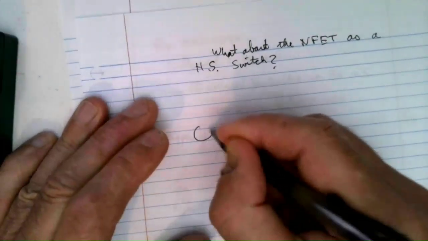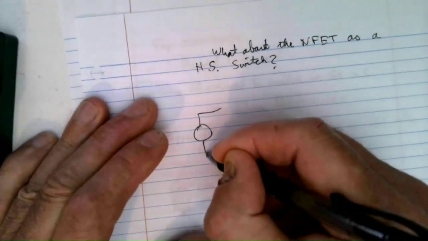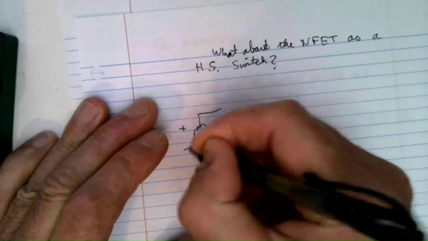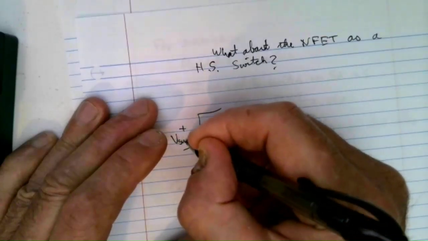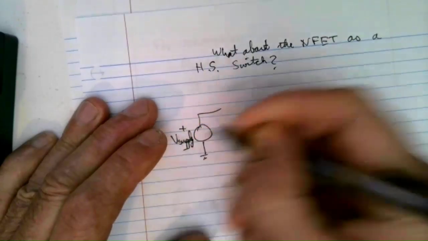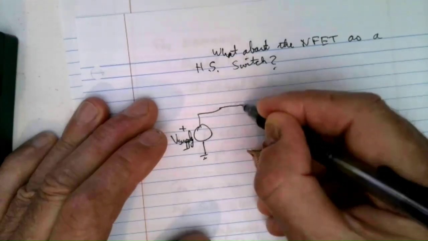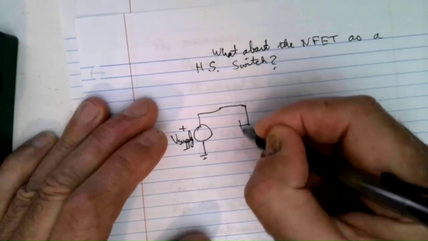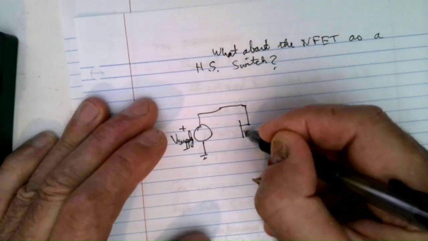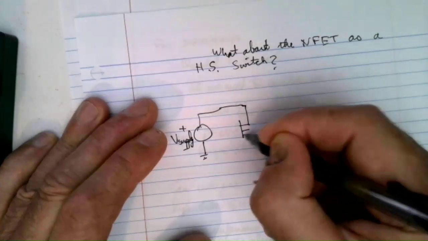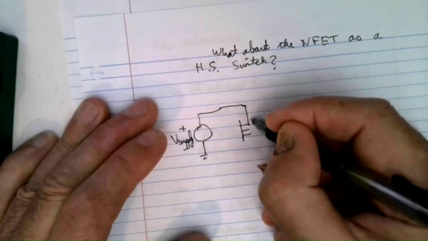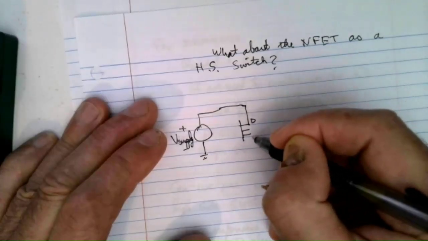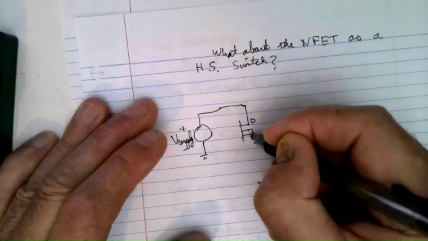All right, so we got our supply, plus minus V supply. And then we got our FET, and this is the drain, and this is the source.